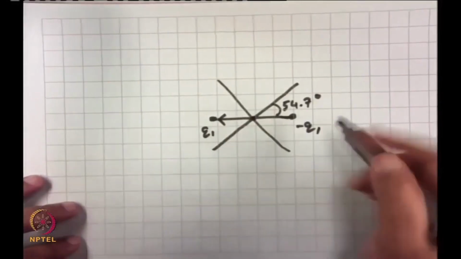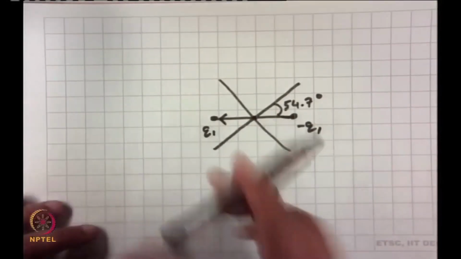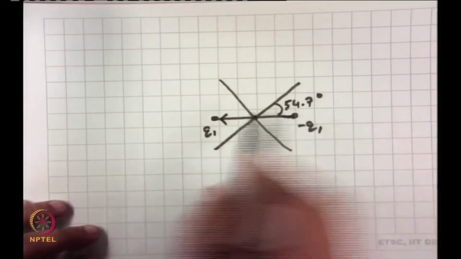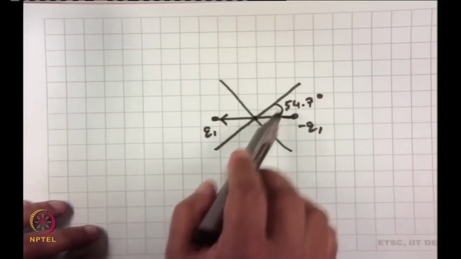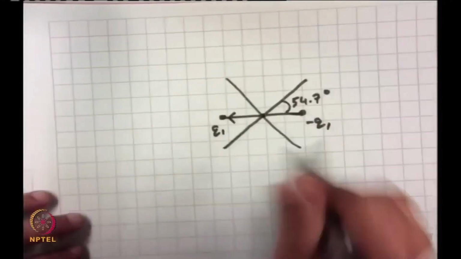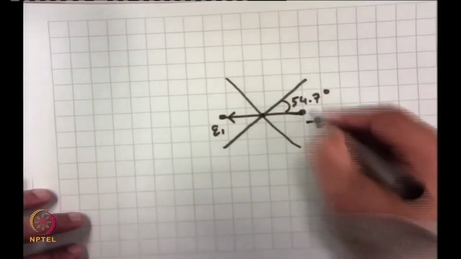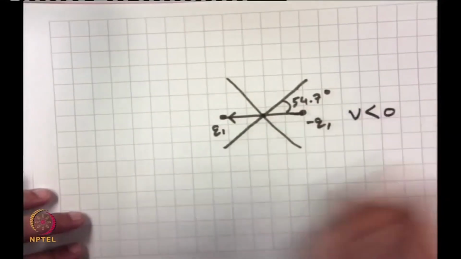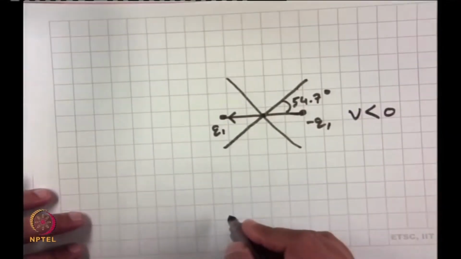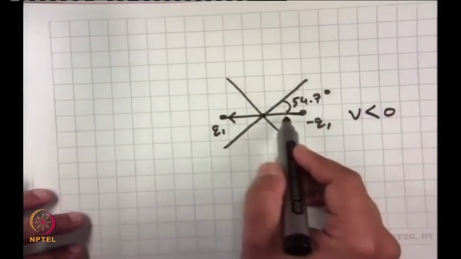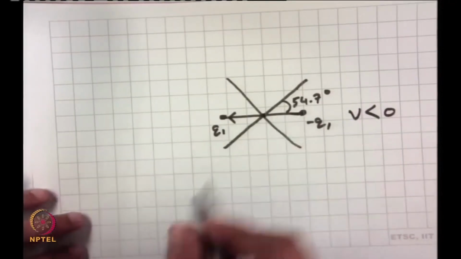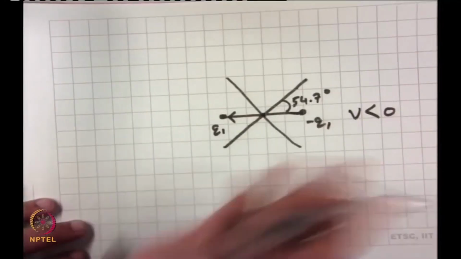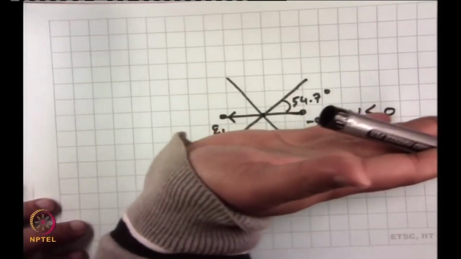You can understand one thing: if theta is less than 54.7, that means in this region from here to here, your V is less than 0. Why? Because 54.7 is where interaction is 0. When you start from here, your interaction was attractive.